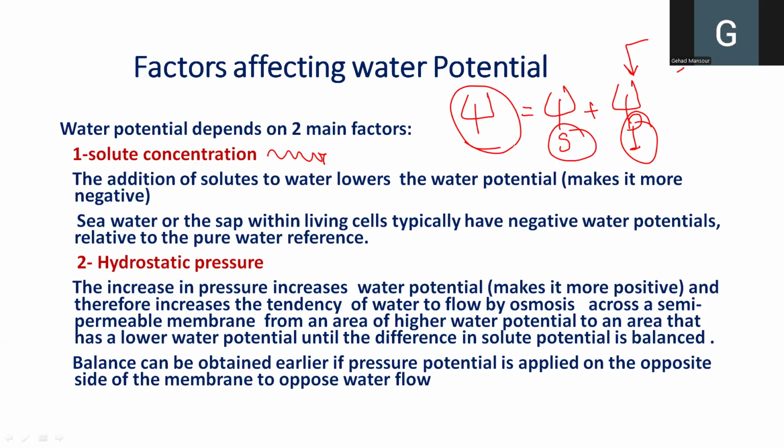So hydrostatic pressure is the pressure of the liquid as a whole, or the pressure of the solution as a whole. It increases water potential because it increases, as we said before, the tendency of water particles to move from the hypotonic side to the hypertonic side across the semi-permeable membrane. So water always moves from higher water potential to lower water potential.